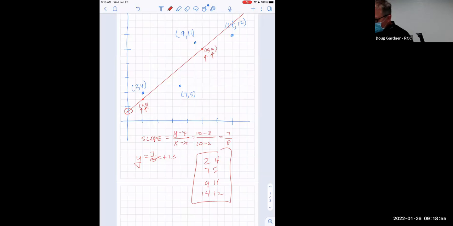I want you to see that you'll get something near what we just got. It's not just magic, is my point. I'm going to do this on my graphing calculator, so I don't have to take that away.